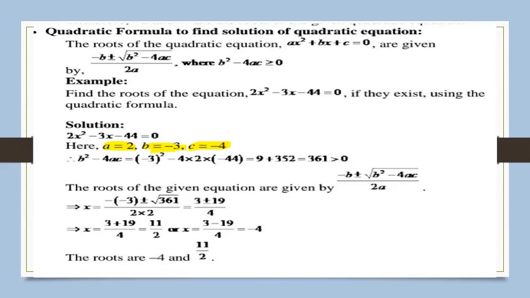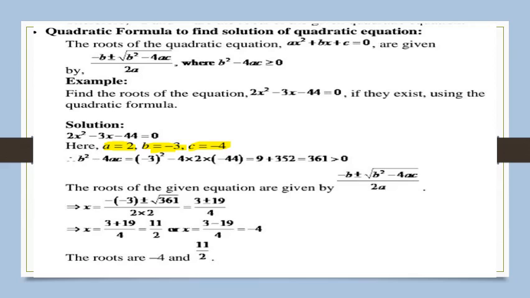Minus b plus minus square root of b square minus 4ac upon 2a. Now substitute the values. Here you don't have to calculate b square minus 4ac, because you have already calculated it for checking the nature of the roots.